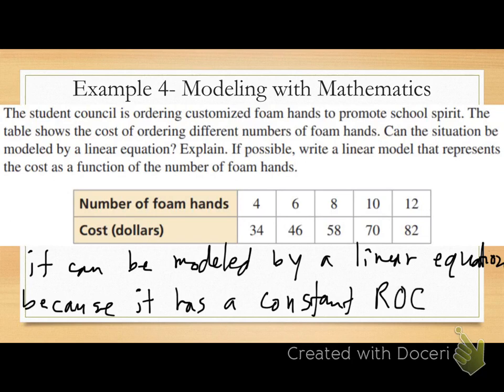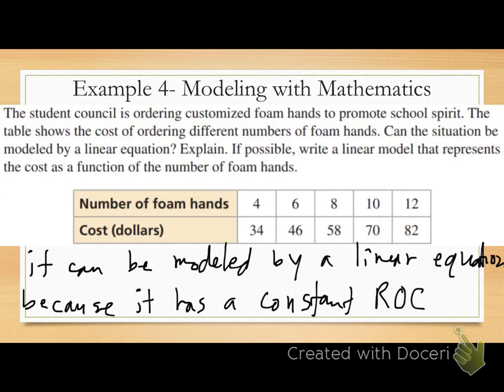So that'd be me answering the first part of the question. You'd have to have that written down to get this correct, because that's part of the question. Does everyone see that? That'd be me answering the question and explaining it.